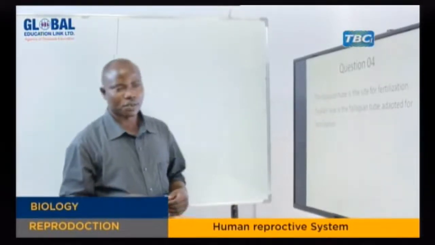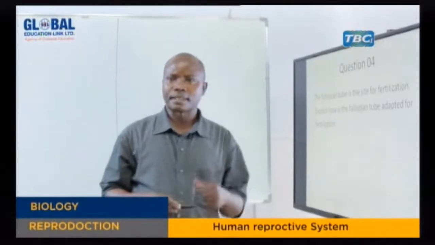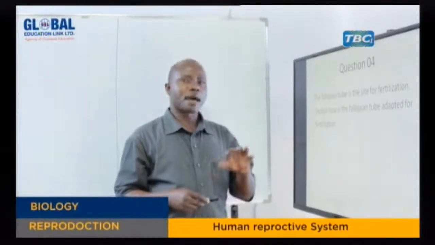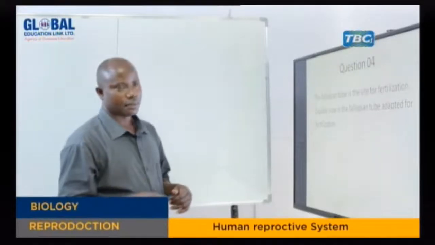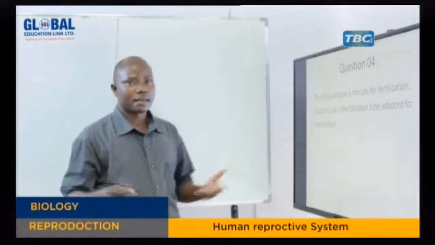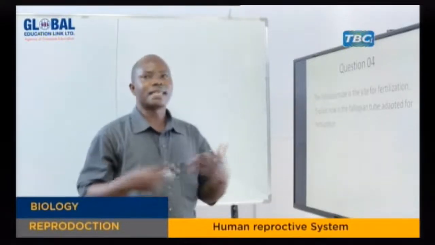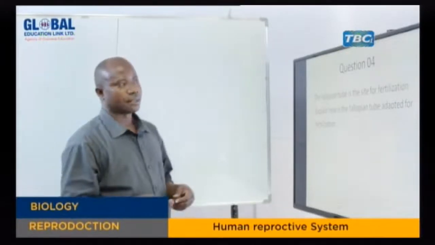Dear students, I'm happy that I have done with question number 1, question number 2, and question number 3, all of them coming from the female reproductive system. But I've said before that this area can produce a large number of questions asked in different ways.